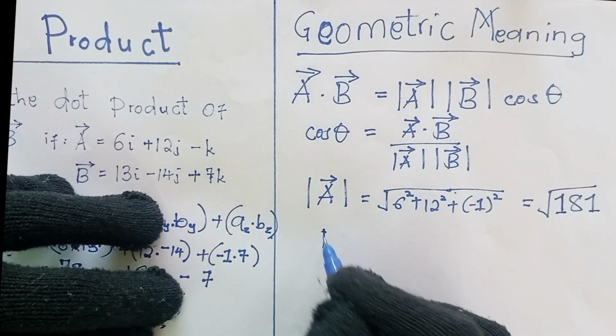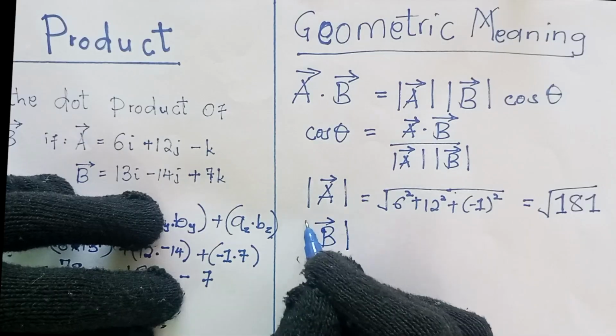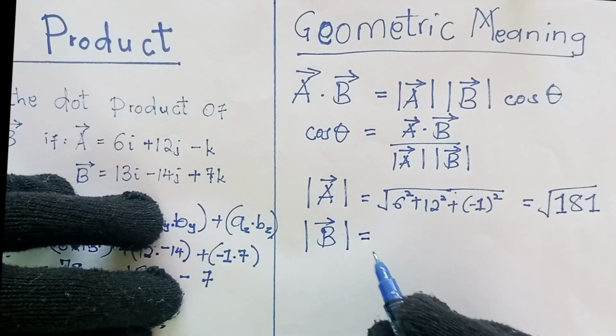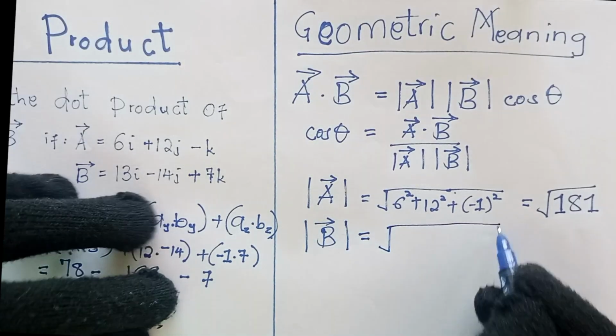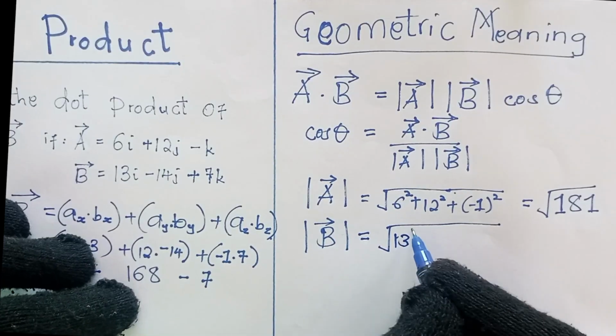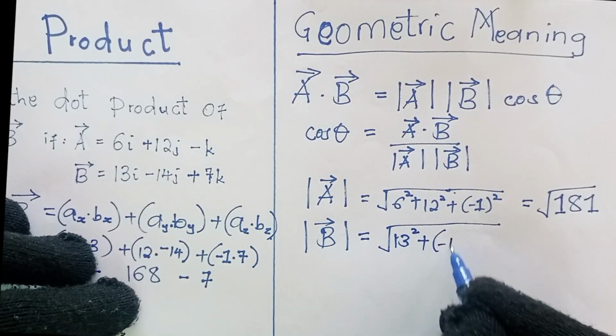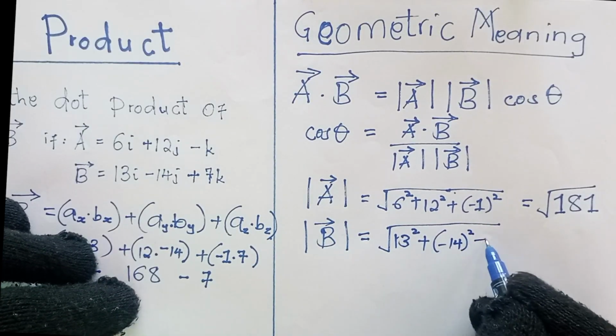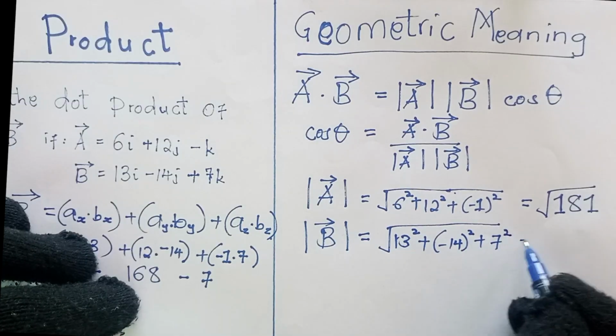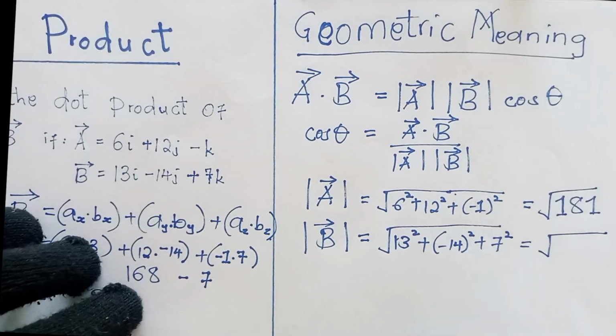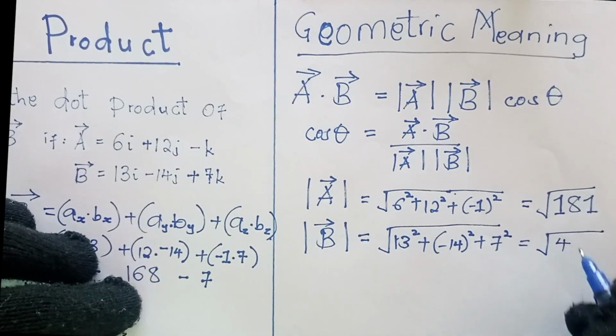The magnitude of vector B is given by the square root of 13 squared plus negative 14 squared plus 7 squared, which is the square root of 414.